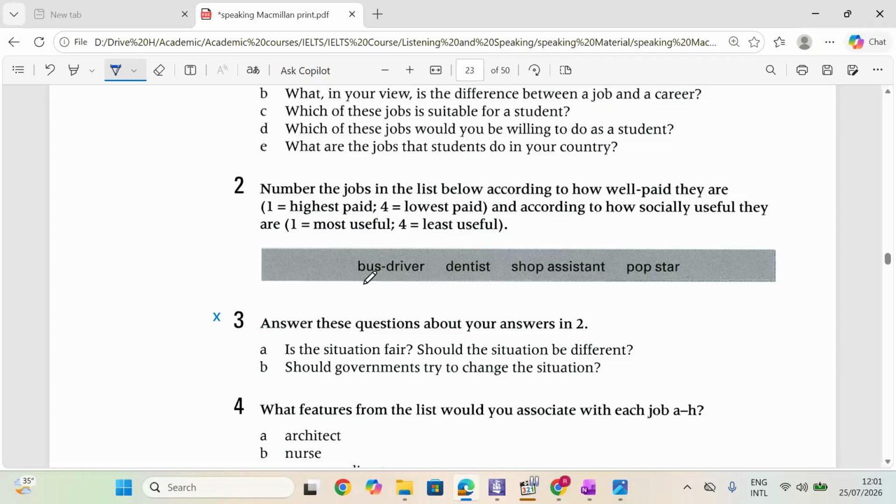Again, which of these jobs are the highest paid and which are the least, which of them are socially the most useful and which socially the least useful.